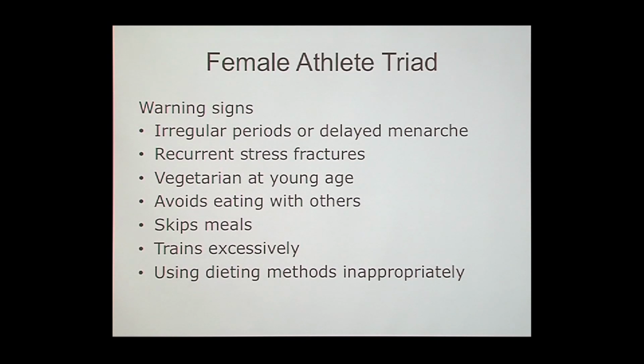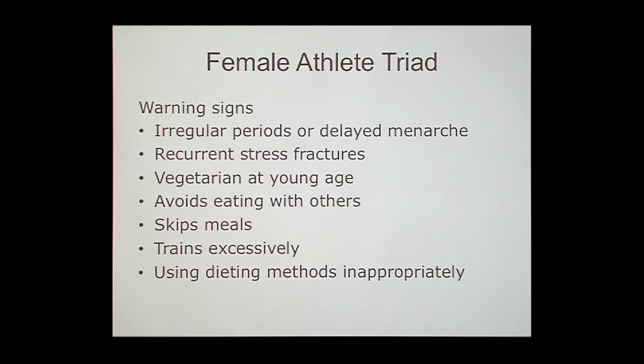A lot of times they're thinking about their nutrition, they're worried about it, or they don't like eating with other people. A lot of times, they train too much. They think they're overweight. Those are subtle signs, and this is fairly rampant. There are studies showing that 70% of high school and college women don't like the way they look, even if they're normal body mass. So it's quite concerning.